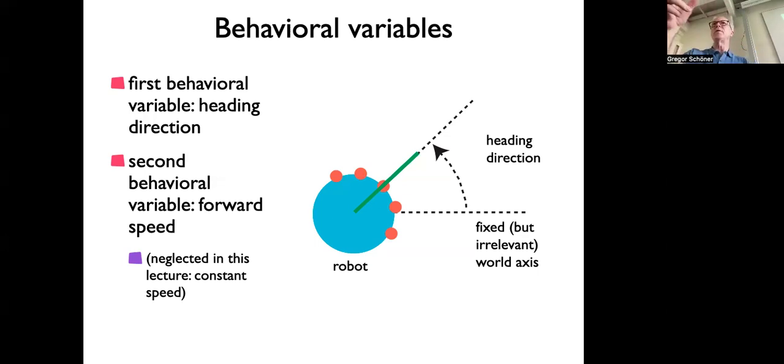It turns out, we'll look into that in detail, especially in the subsymbolic versions, we don't really need to know that world axis. That is, we don't need to calibrate it. But there's some subtle stuff going on about that that is sometimes confusing. I'll gloss over that for now, but just be aware it's relative to some fixed world axis.